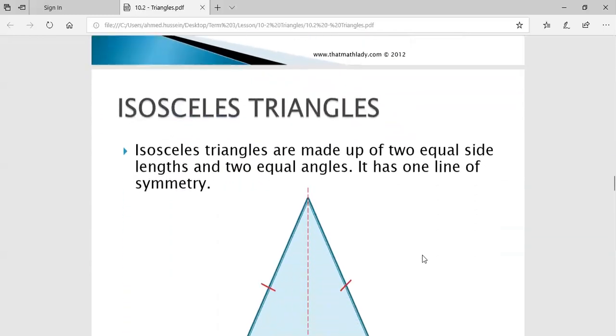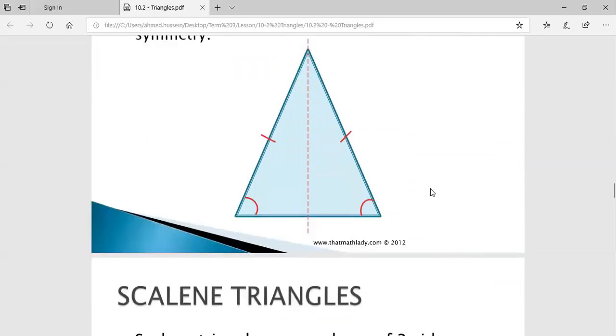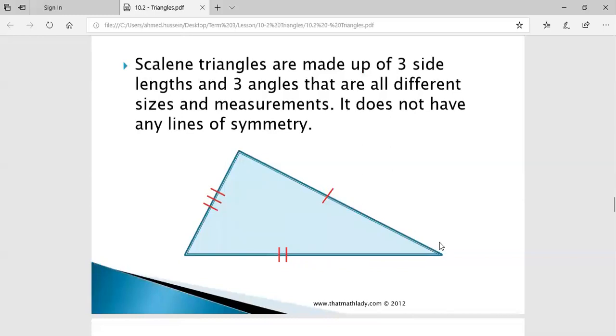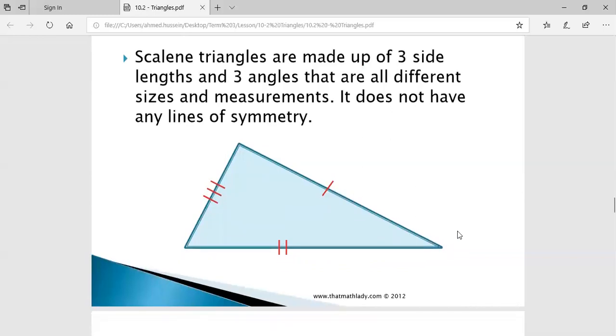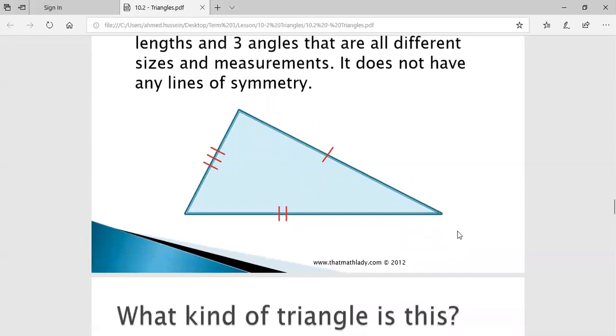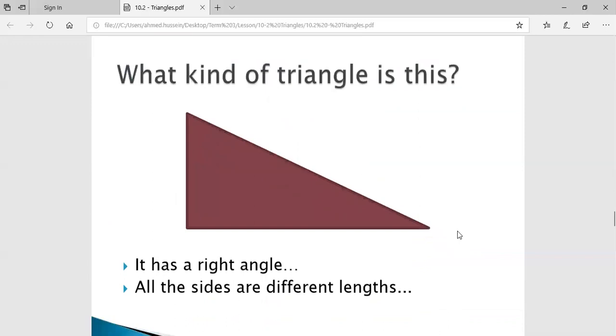The isosceles triangle has two congruent line segments or two congruent sides. The scalene triangle has different measurements of the sides, the three of them, so none of them are equal to any other. So what kind of triangle is it?